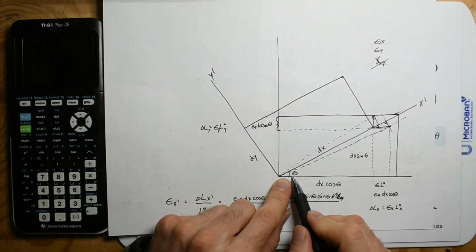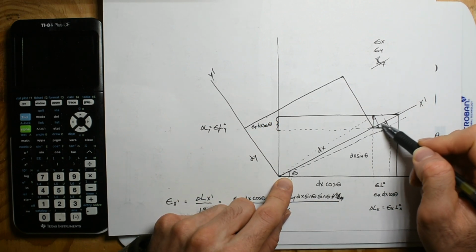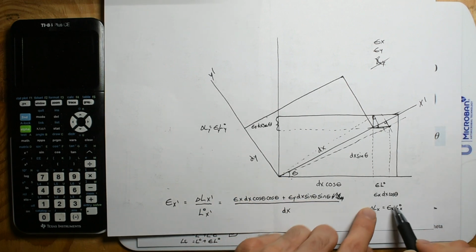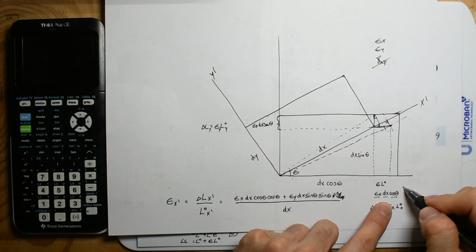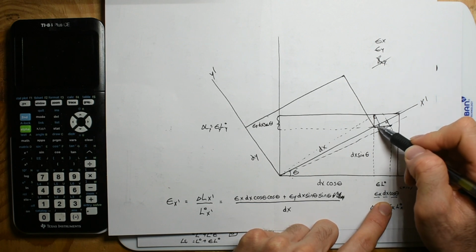This is theta, and so the change in length right here is going to be a cosine component. So we know our hypotenuse is strain in the x, dx cosine theta. We want to take a percentage of that because it's a hypotenuse.